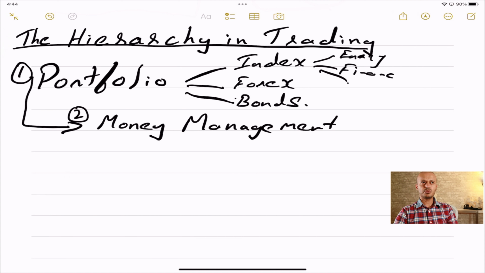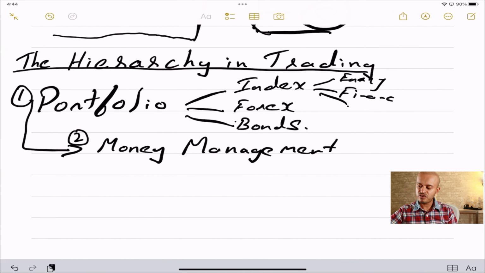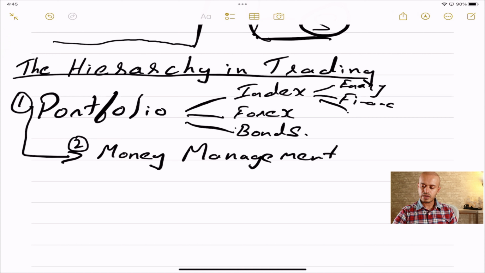And in money management, what you look at is the risk reward ratio. For example, how much should I risk in Forex? How much should I risk in bonds? How much should I invest in certain sectors? That's something you should keep in mind as you decide on the best sector for you, and how much I should be putting into that particular one.